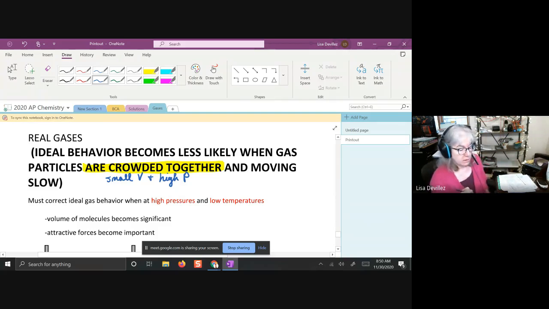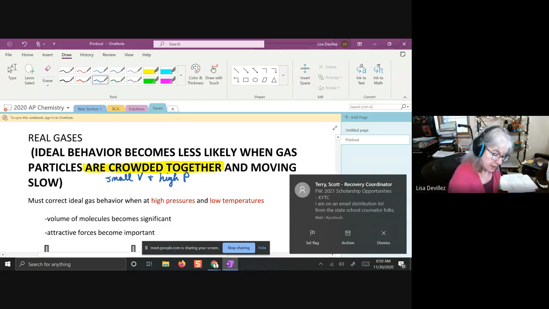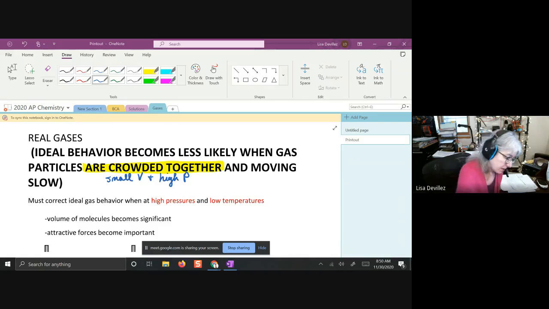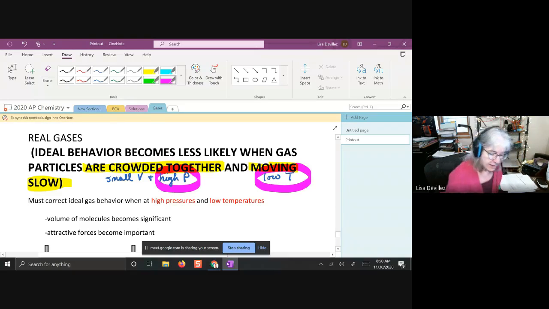And when they are moving slowly, and we think about average kinetic energy correlating to Kelvin temperature, that's low temperature. So we want to watch for non-ideal behavior at high pressure and low temperature. Okay, and so what happens then?